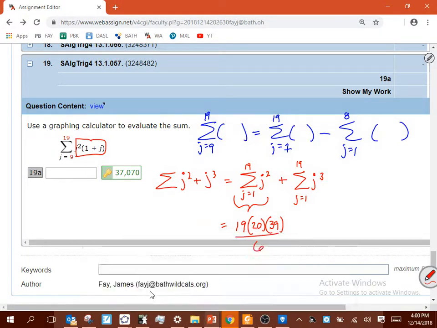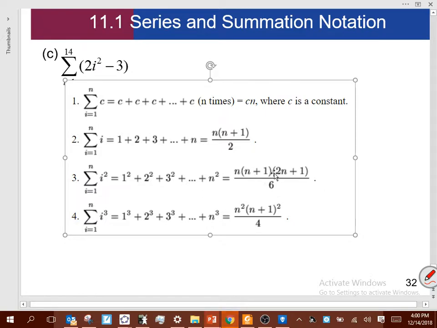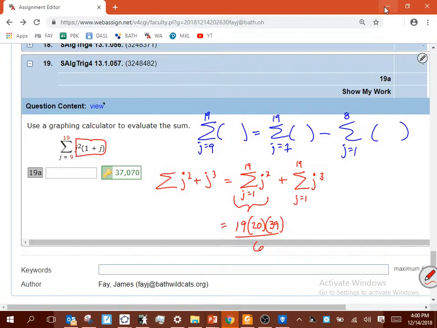Again, bringing up that rule. If I look at i cubed, it's n squared times (n plus 1) squared over 4. So it'd be 19 squared, n plus 1 which will be 20, squared, all over 4.